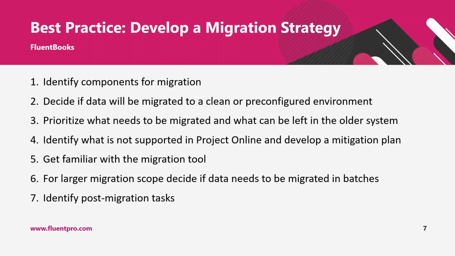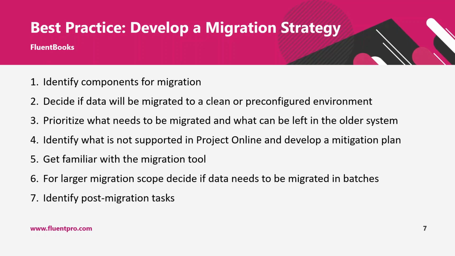And there are actually two ways here. One way is to migrate all the data to Project Online PWA, both active and historical data. And another way is to migrate to your Project Online Production PWA only the active set of data.